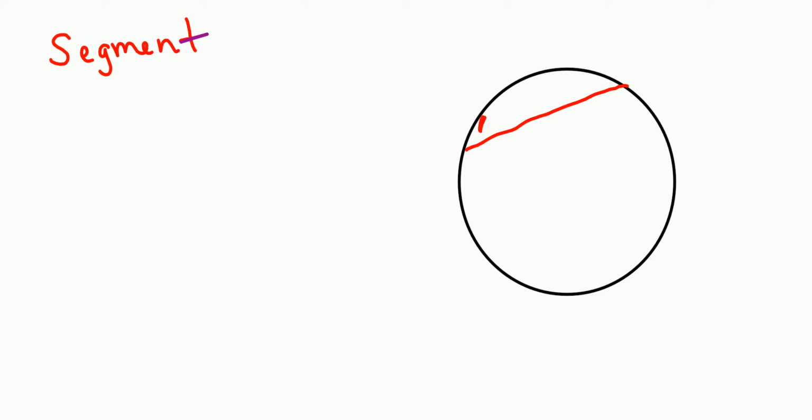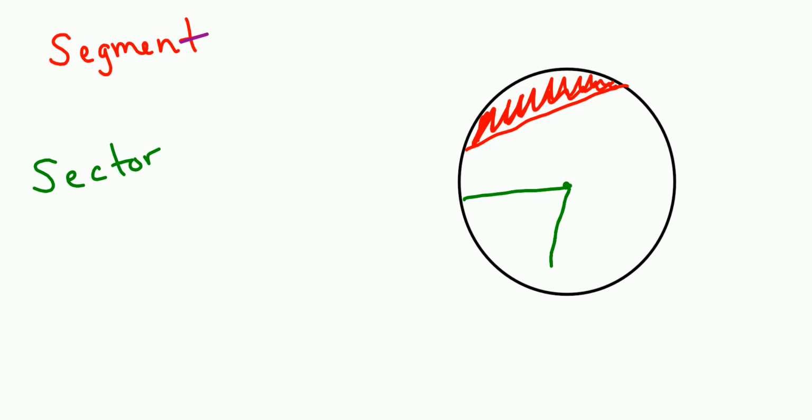So this area right here, created by this chord, would be a segment of this circle. And a sector is what I like to call the pizza slice. So if this is my center of my circle, and I take a slice of it, this would be a sector.